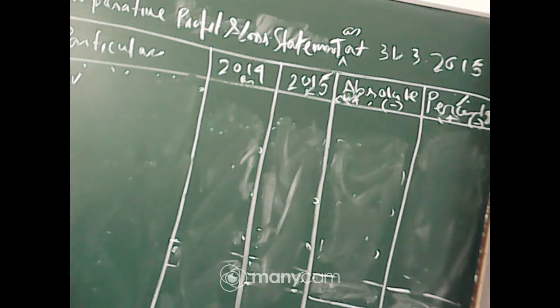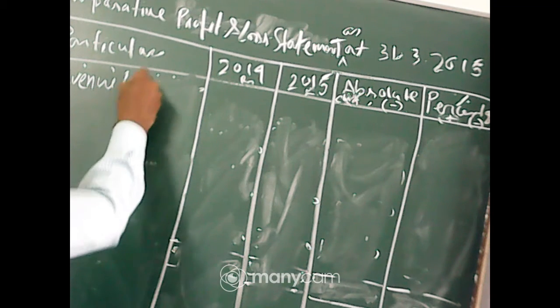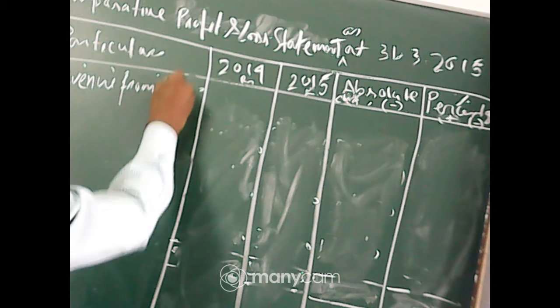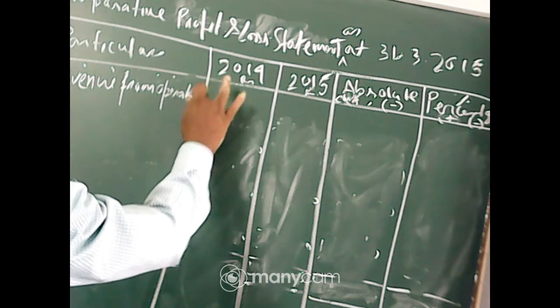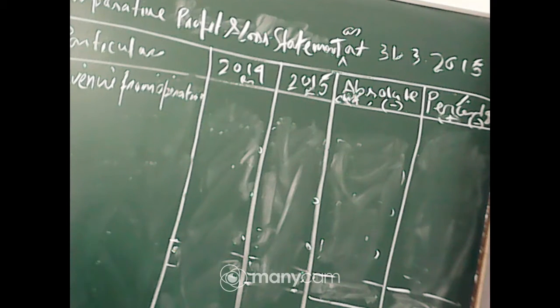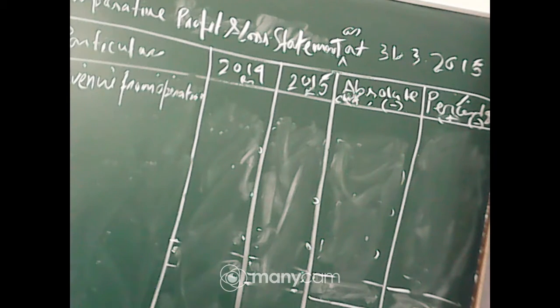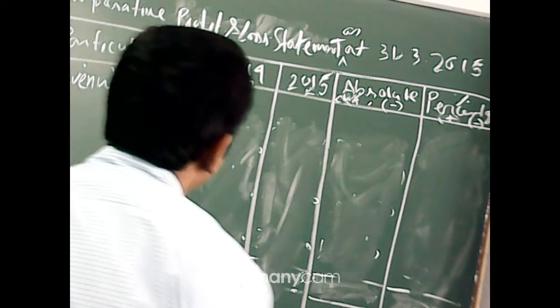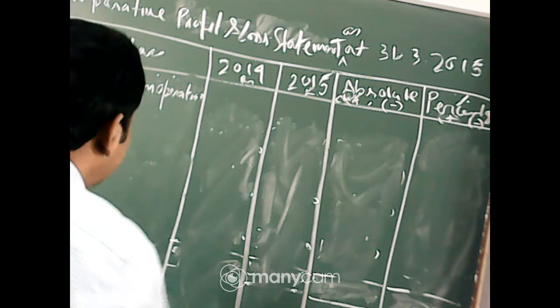So, revenue from operation. Revenue from operation means sales. Now you can see two figures are given here, one is 13-14 and one is 14-15.